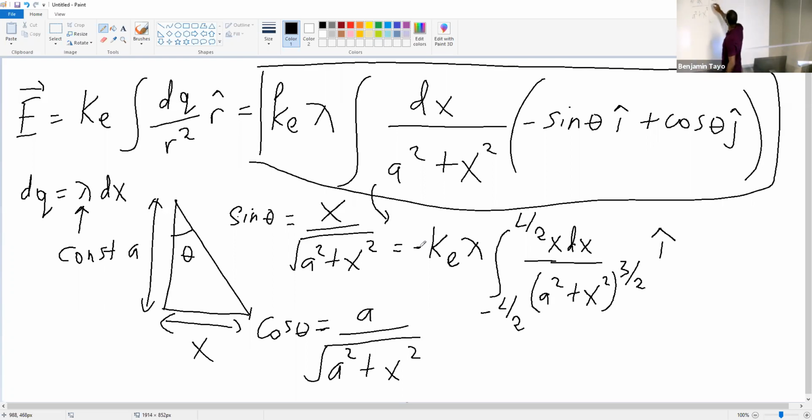Sine is negative x over, cosine is a. This multiplied by this is a squared plus x squared to the power 1 times a squared plus x squared to the power half. 1 plus half is 3 over 2, right?